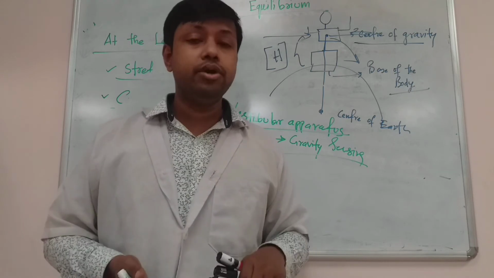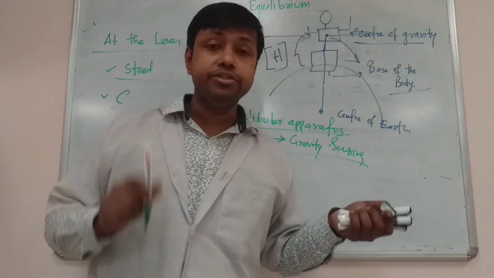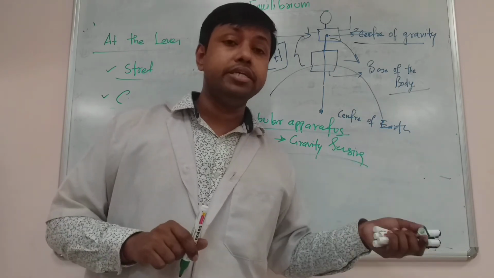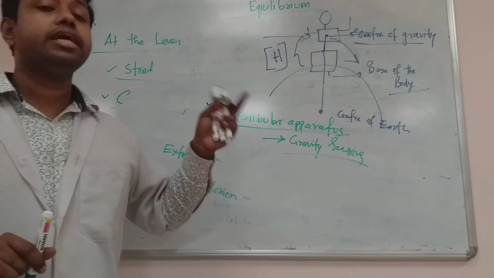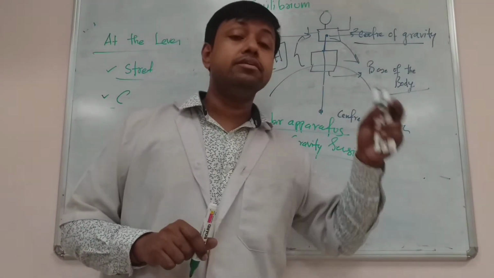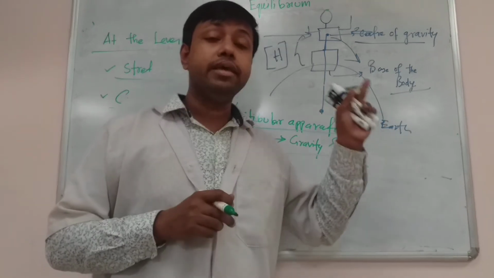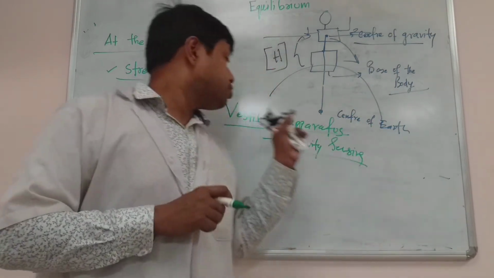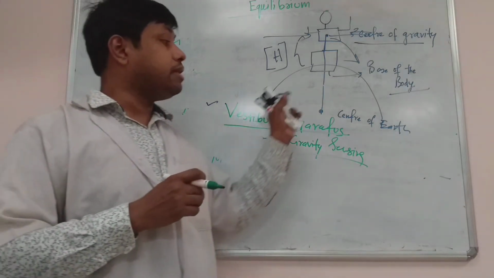Suppose an individual tries to deviate from the particular equilibrium position because of the action of gravity, then this will be sensed by the vestibular apparatus, and antagonistic and agonist muscles will be contracted, and this will prevent the fall and prevent the destabilization from the equilibrium position. Can you understand? So vestibular apparatus, which contains the gravity sensing receptors, plays an important role in balancing the human body.